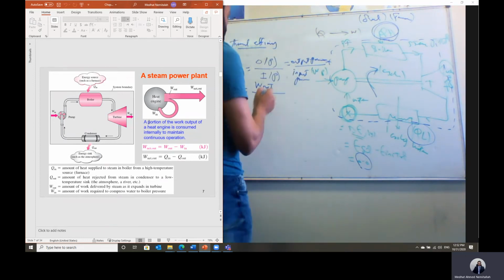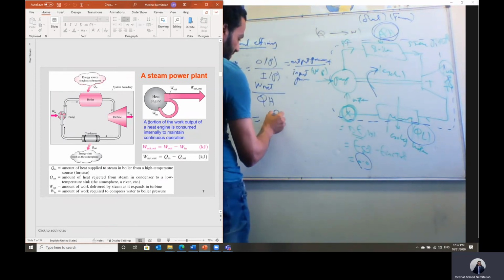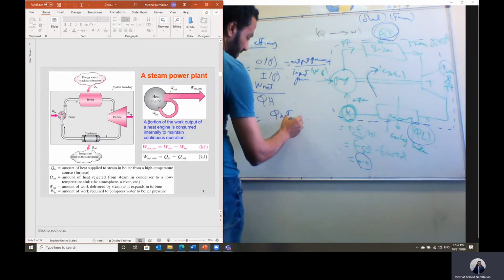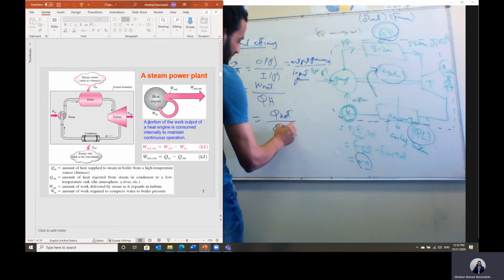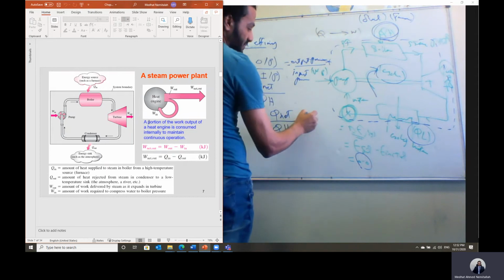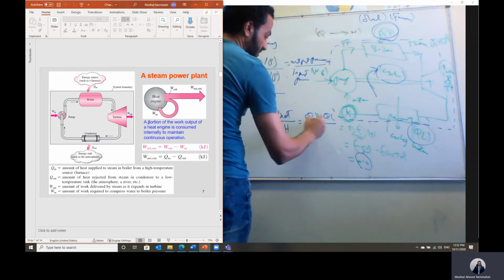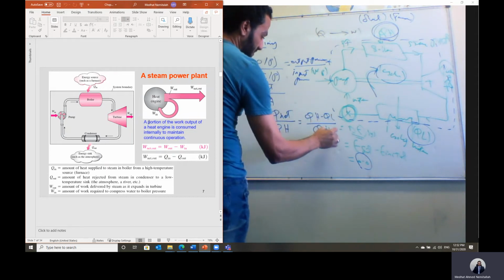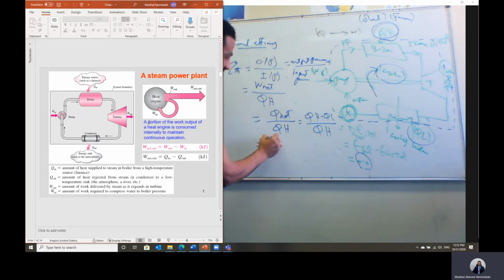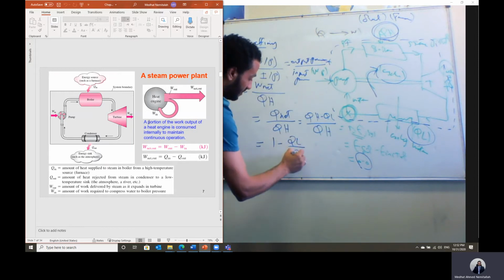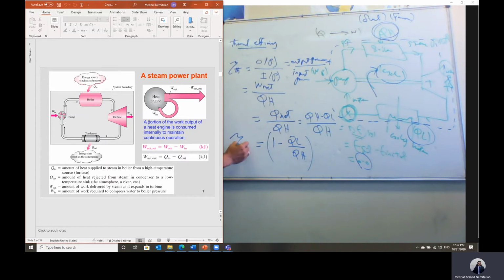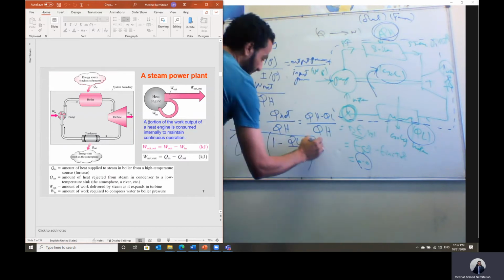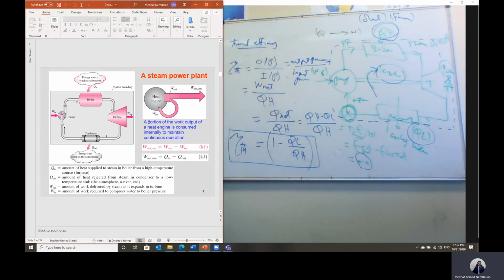So that should equal work net, which equals Q net, as the system is working on a cycle, divided by Q high. And Q net is equal to Q high minus Q low, divided by Q high. That means the thermal efficiency will equal 1 minus Q low divided by Q high. And this is the definition of the thermal efficiency of a heat engine.